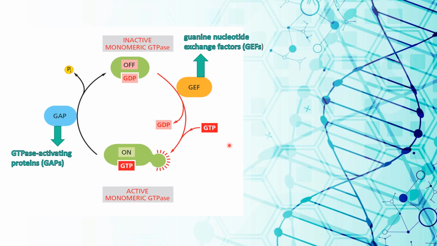That is how different types of proteins regulate this switching between the inactive state and the active state of these enzymes. This is how this type of switching mechanism works, and we'll see in detail in the coming videos how the different types of signaling work in our cells.